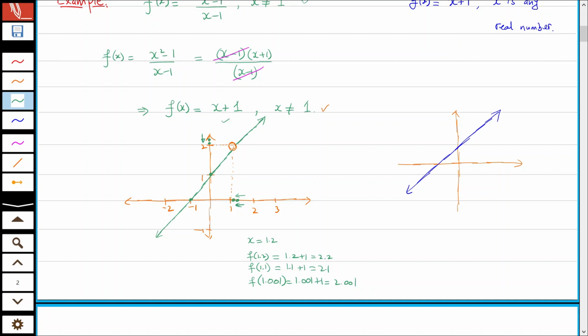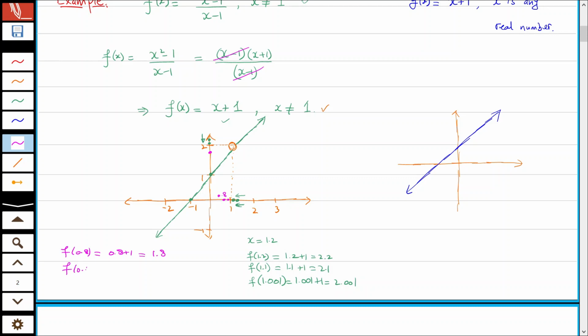Now come on this side. Suppose I take 0.8. I'm on the other side, but I'm still close to 1. F of 0.8 would be equal to 0.8 plus 1. This is 1.8. I would be somewhere over here on the y-axis. Let's go closer. 0.9.